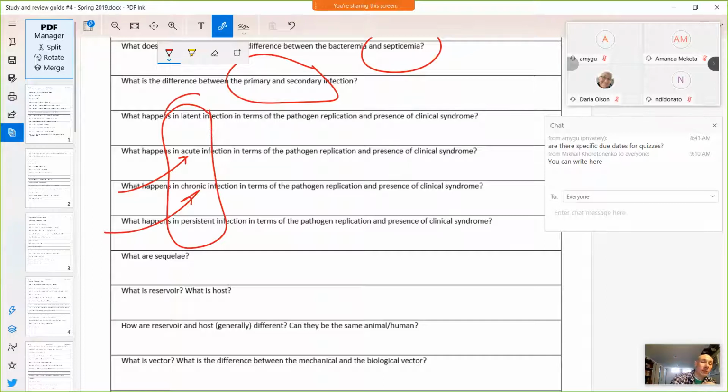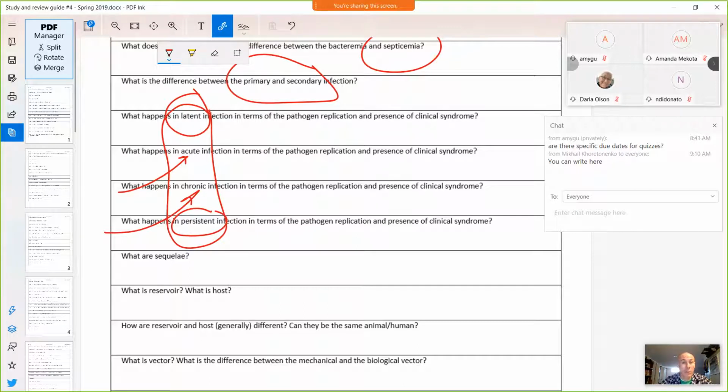Latent infection. The microorganism does not replicate and does not cause symptoms. Herpes. It has a latent stage, and sometimes it reactivates. When it reactivates, it's an acute infection, but between the reactivations, it's in the latent stage. Persistent is an interesting phenomenon. So persistent infection is the one when the microorganism does replicate.